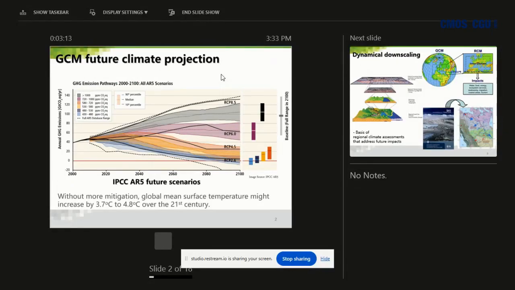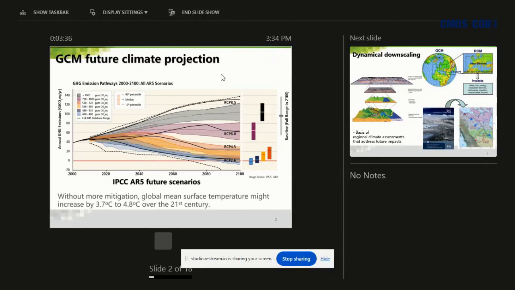We know we are in the era of climate change, right? And the IPCC report gives us how the Earth's atmosphere is going to be in the future. This is a famous IPCC AR5 report, the figure we adopted from. So in the future, there could be 3 major scenarios.